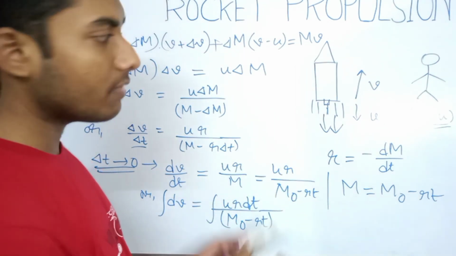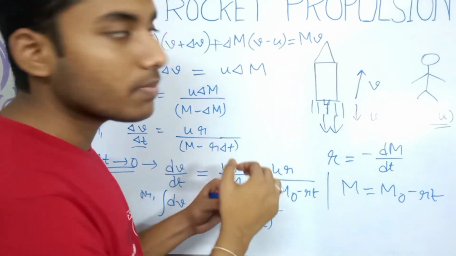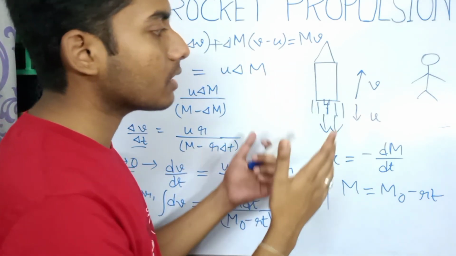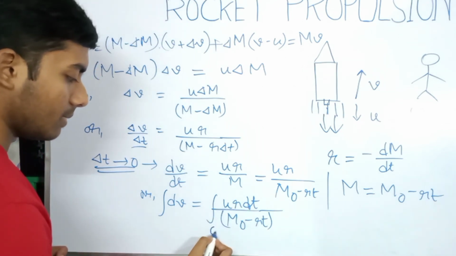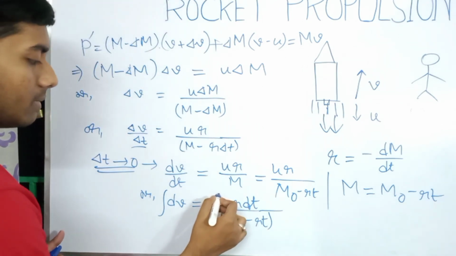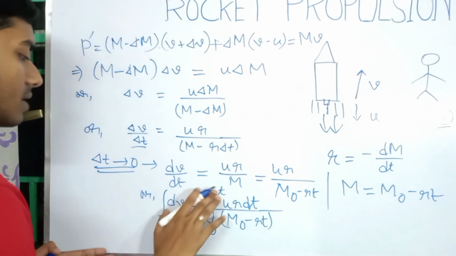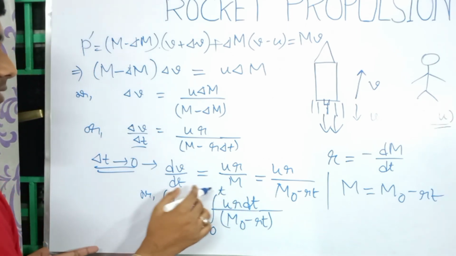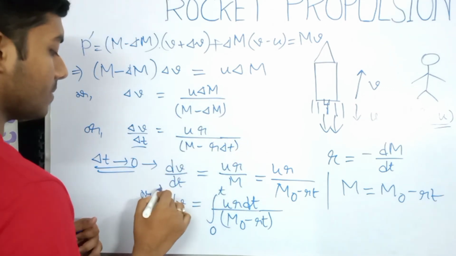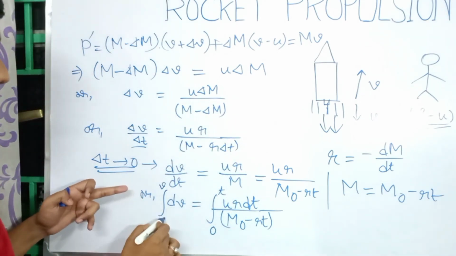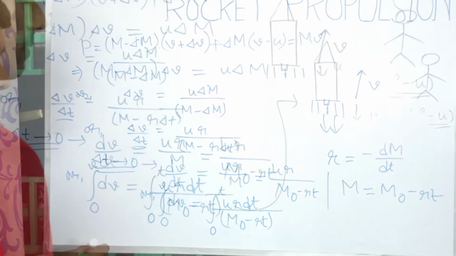At time t equals 0, the velocity of the rocket was 0. So this will be the lower limit, at time t equal to 0, and the upper limit will be, suppose, small t, time t. Suppose at time small t, the velocity of the rocket will be v. So here the limit is v, and initially it was 0.